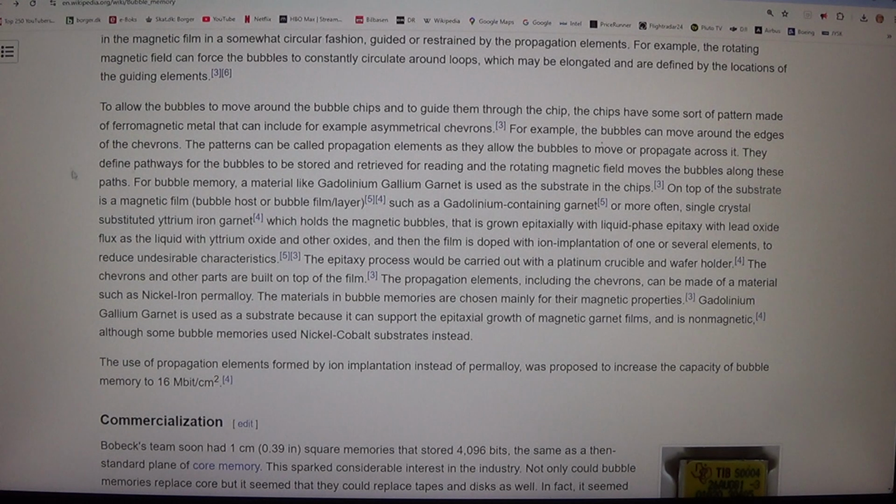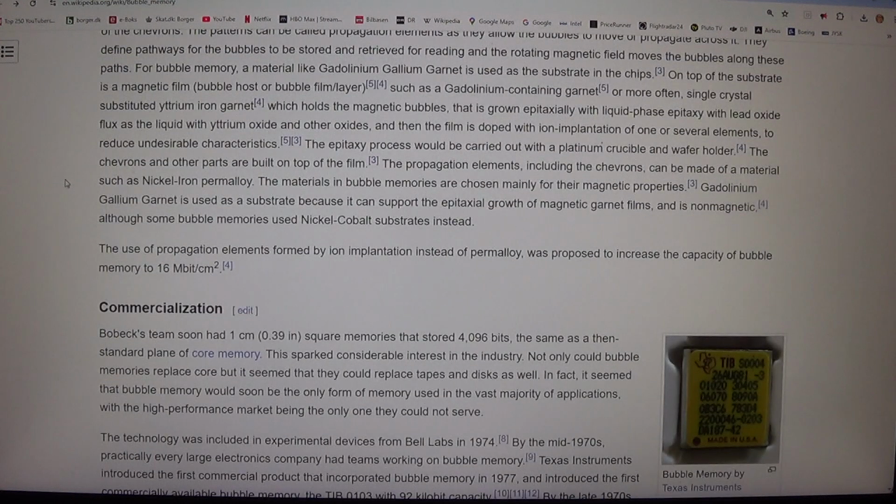For bubble memory, a material like gadolinium gallium garnet is used as the substrate in the chips. On top of the substrate is a magnetic film, bubble host or bubble film/layer, such as a gadolinium-containing garnet, or more often, single crystal substituted yttrium ion garnet, which holds the magnetic bubbles.